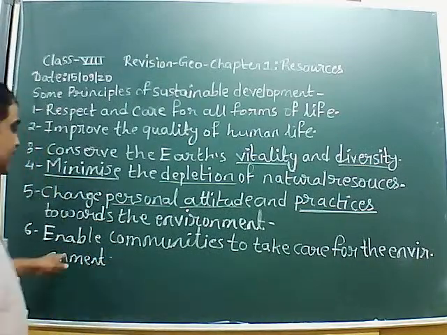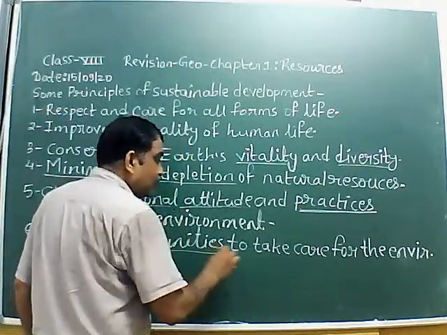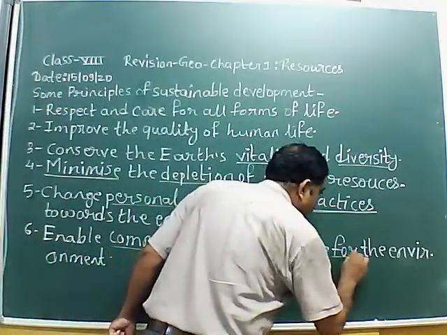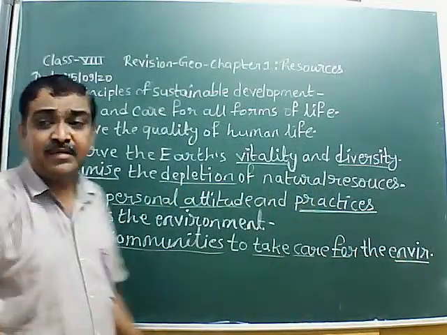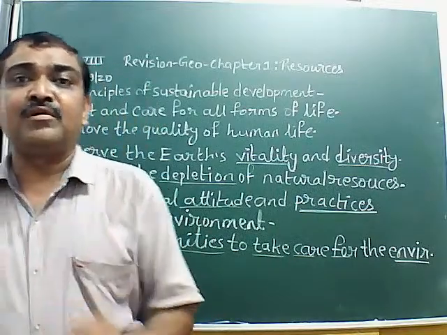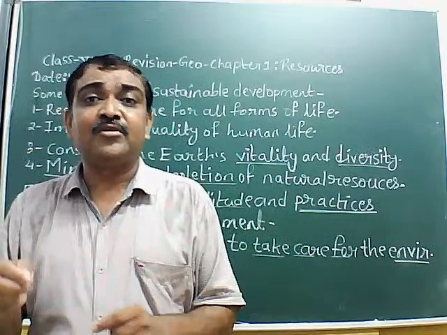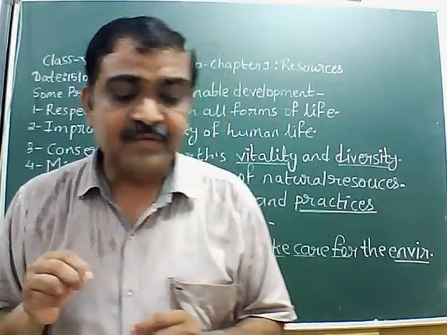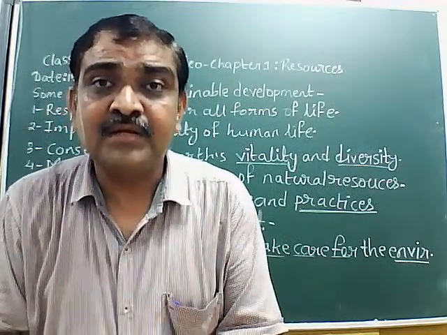Okay, so what should be done? Enabling the communities to take care for the environment. Now, enabling means to make them strong enough, to train them up to the level that the communities could themselves take care for their own environment.